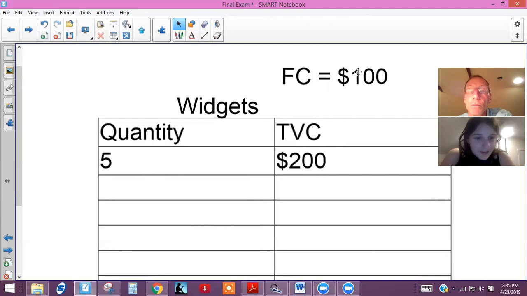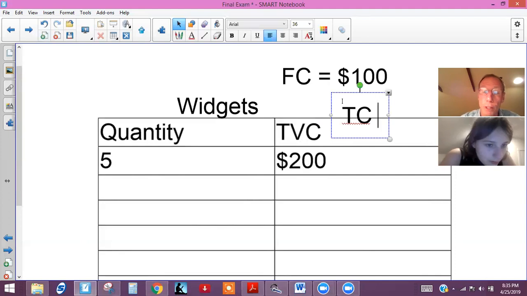Total cost. This plus this, so it's 300, isn't it? Total cost equals 300 for 5.